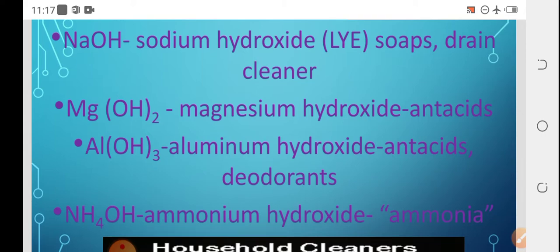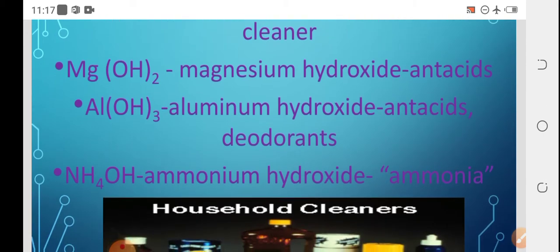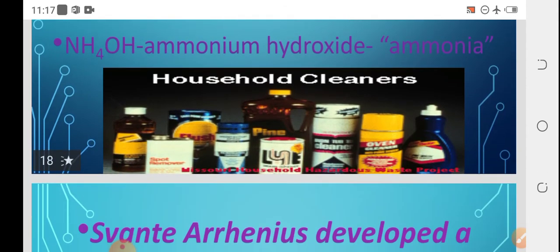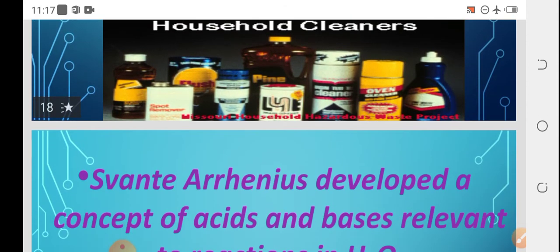That means when you take an excess of food, the food is not digested and we feel uncomfortable, at that time we use an antacid. Aluminum hydroxide is also an antacid and deodorant. Ammonium hydroxide is used in ammonia. These are some of the items we use in our household.